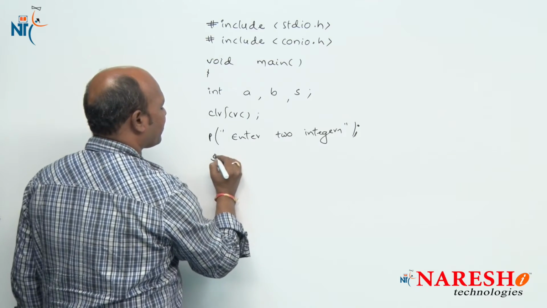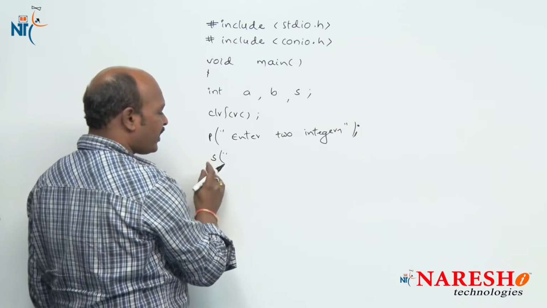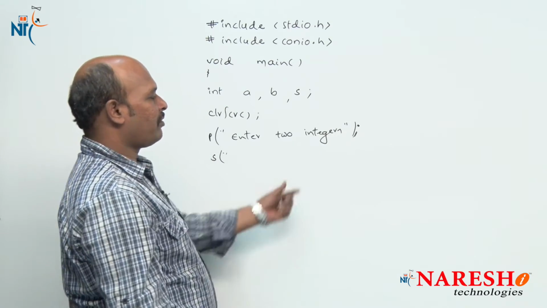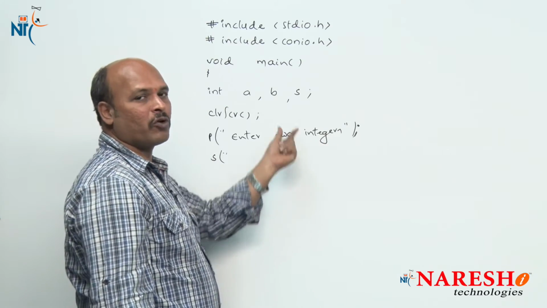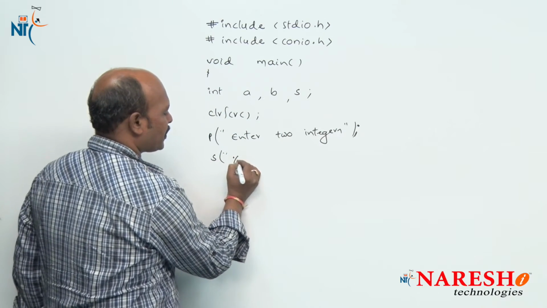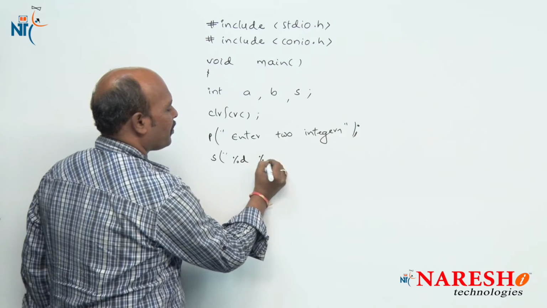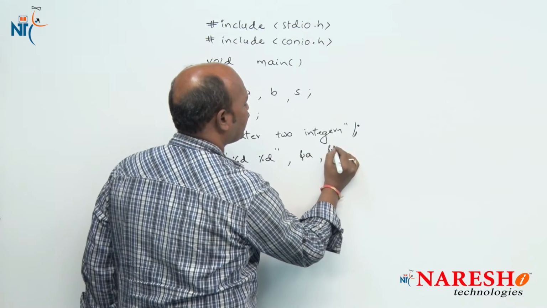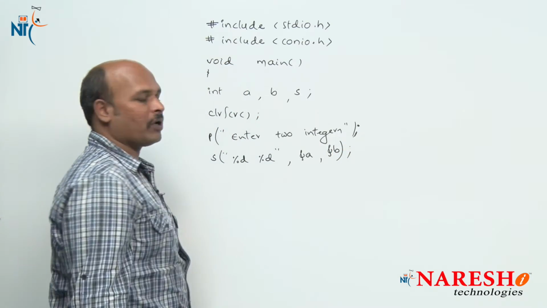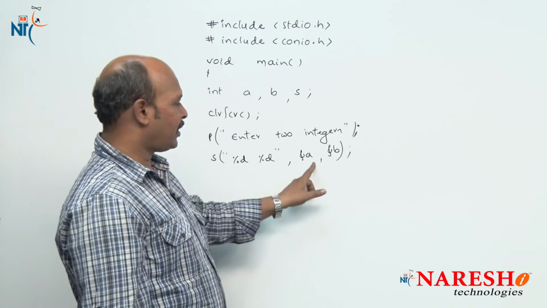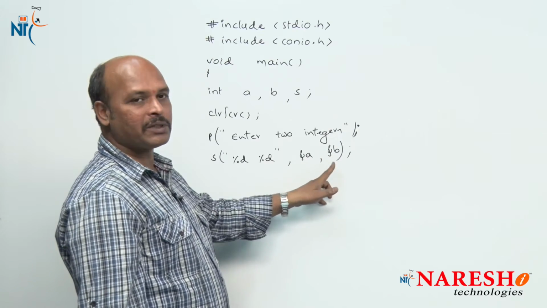Next scanf is required. Now for two integer values, we have to use conversion characters, and the integer conversion character is %d, %d, ampersand a and ampersand b. Here ampersand a means address of a and ampersand b means address of b.